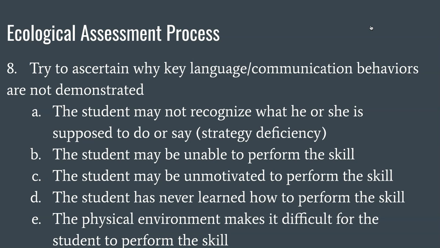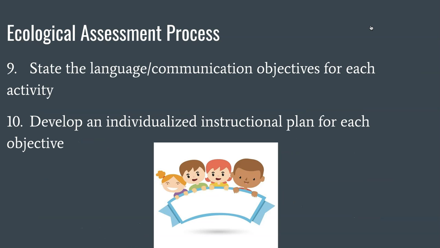I said or, but it could be and or. It could be 3 of these, 2 of these, 4 of these. So this is a really good way to be thinking about our kids and what they can or cannot do and why. Number 9, state the language communication objectives for each activity.